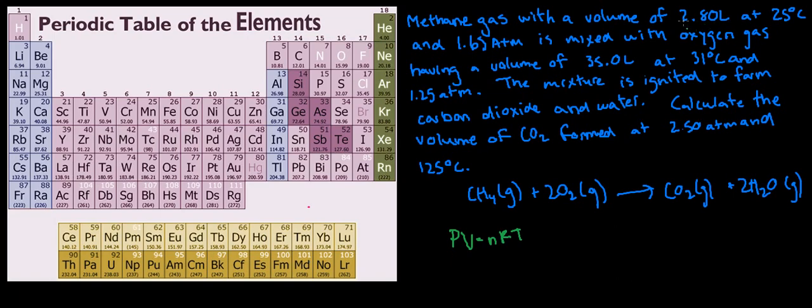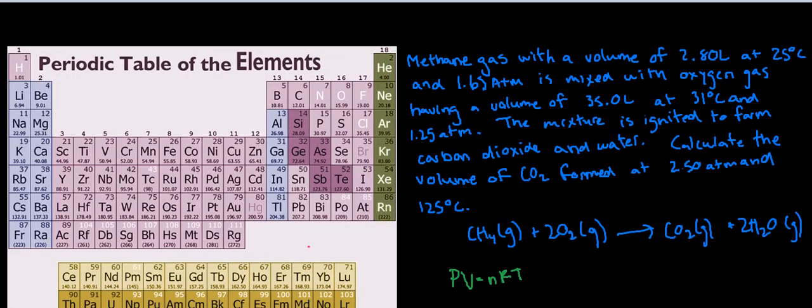Now I'm not given moles, but I am given liters, degrees Celsius, and atmospheres. So with this information I can figure out the number of moles of each of these reactants, methane and oxygen, because I will have 3 out of 4 variables of this equation.